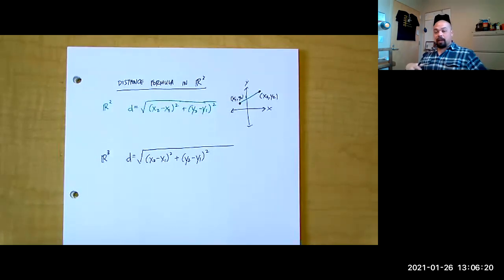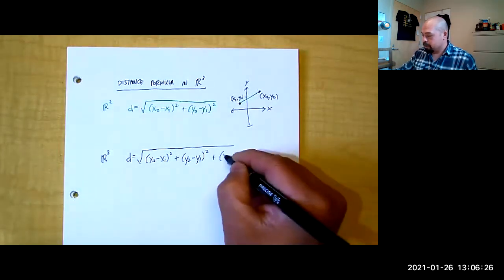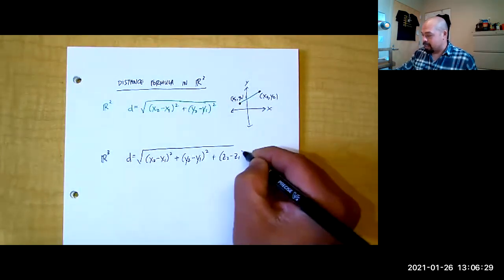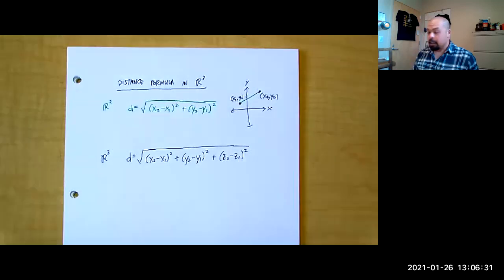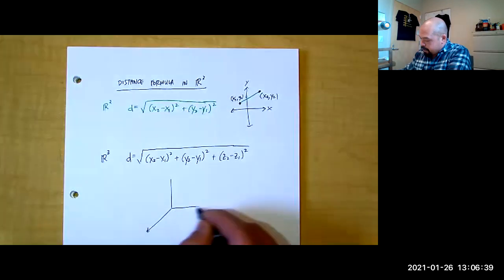Still that kind of Pythagorean theorem at play here. But now, because there's also going to be a z component to it, that difference in z coordinates, that quantity squared. Okay?